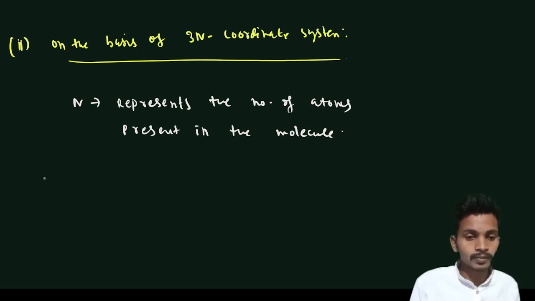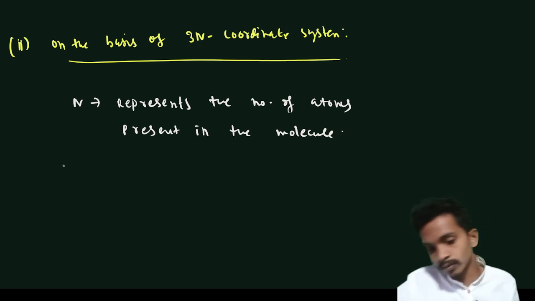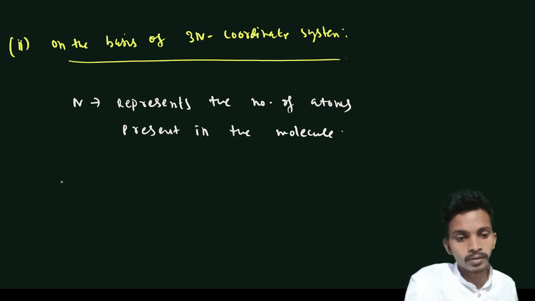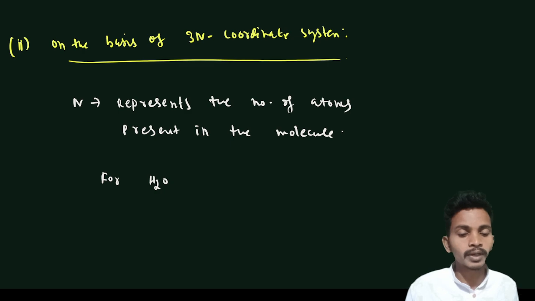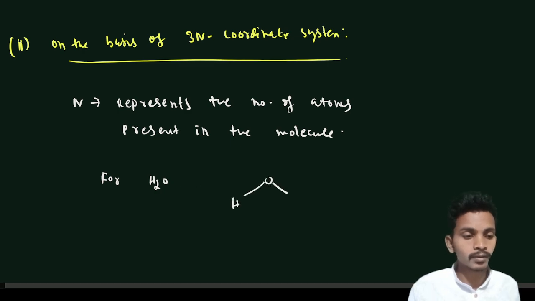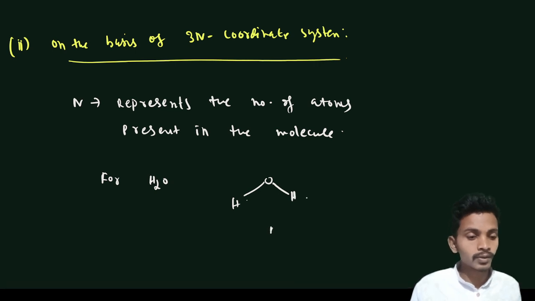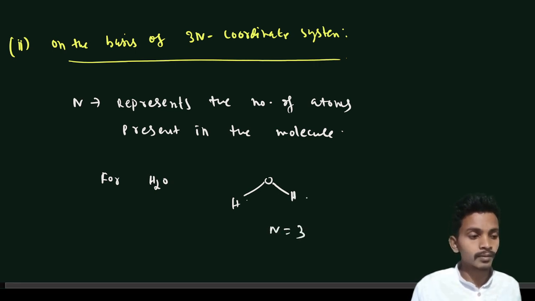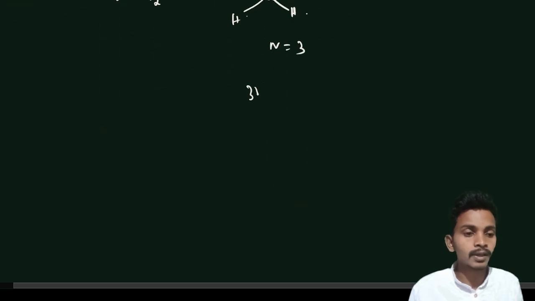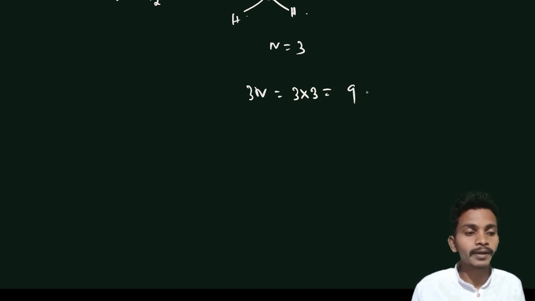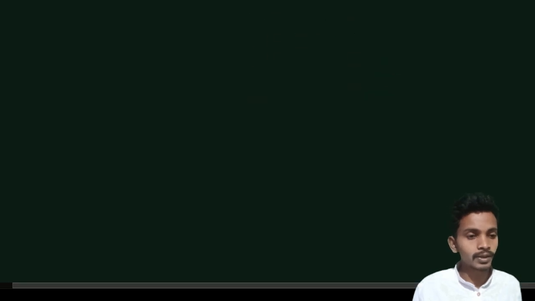So let's say for water molecules, how many atoms are there? So this is 1, 2, 3, 3 atoms are there, so n equal to 3, then 3n will be equal to 3 into 3, that is equal to 9. So 9 coordinate systems are there. So how can you represent these 9 coordinate systems?